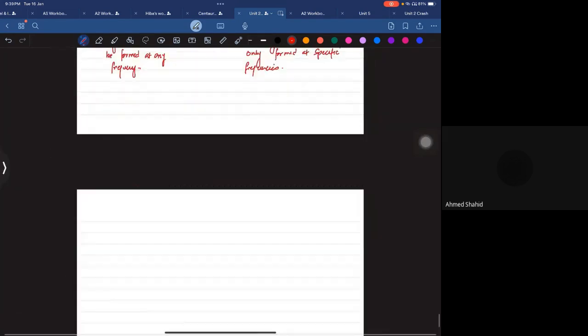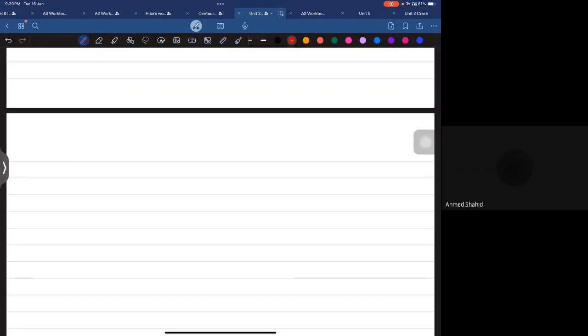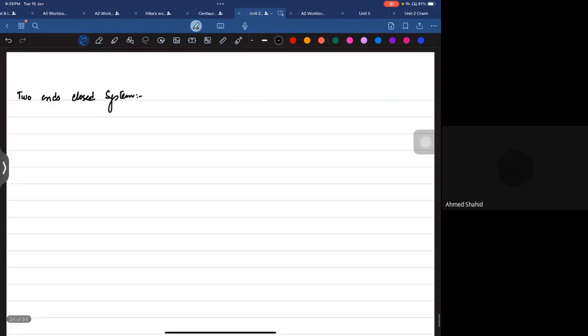So the first system in which these waves can be formed is basically called a two ends closed system. What it means is that let's suppose there is an end like this that's completely closed, and there's another end like this that is also completely closed. The length of this system is L, and we have put a string into it.